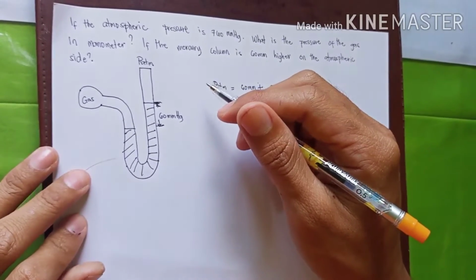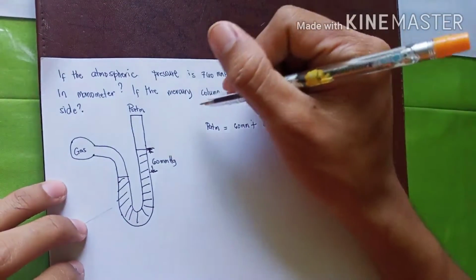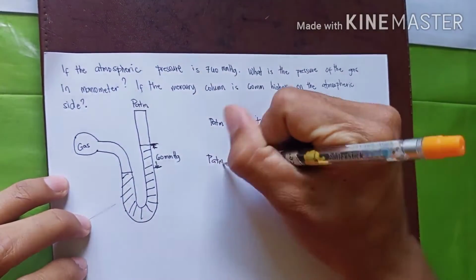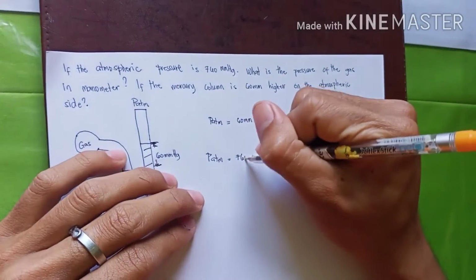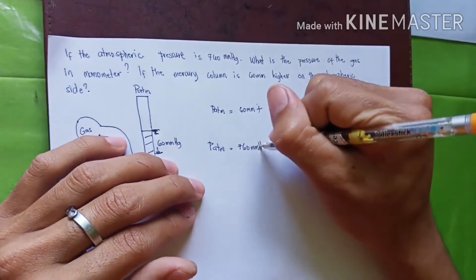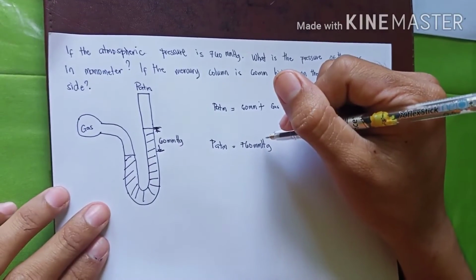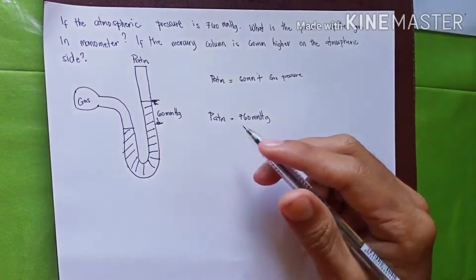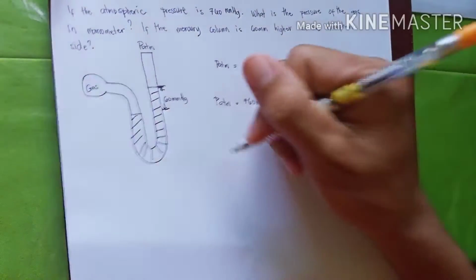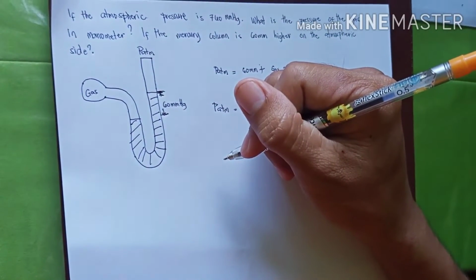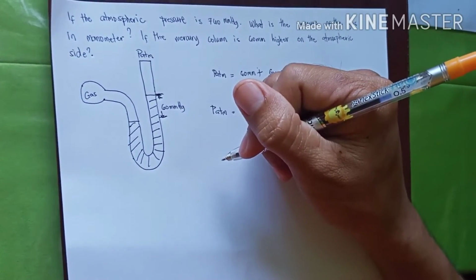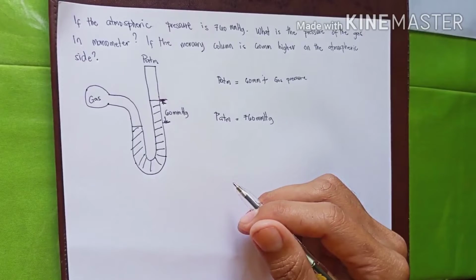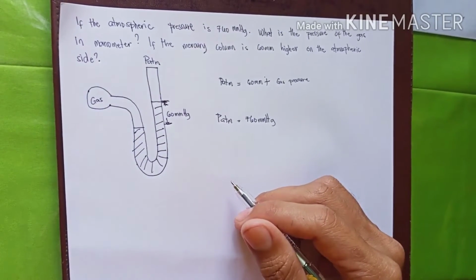Now keep in mind that the value of the atmospheric pressure is 760 millimeter of mercury. So all we have to do to calculate the gas pressure is either add or subtract 60 millimeter of mercury from the value of the atmospheric pressure, which is 760 millimeter of mercury.